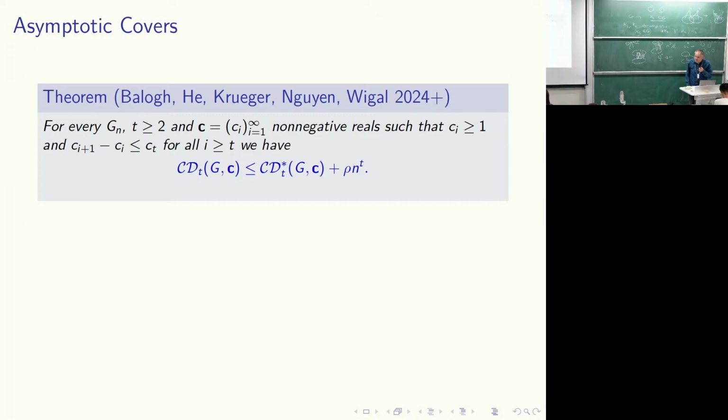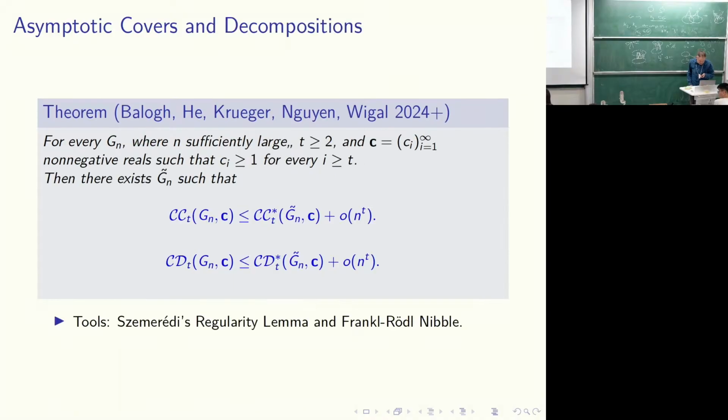So in the previous slide, is this G tilde just the weighted reduced graph, the blow up of it? No, not necessarily. I see.